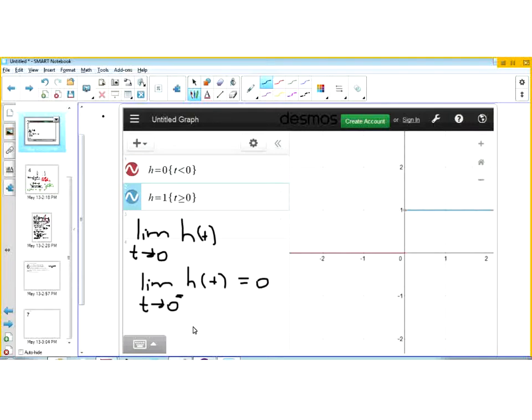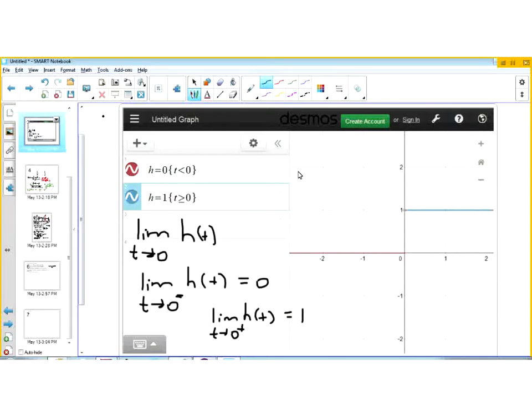All right, now we had another kind of limit, and that was the limit as t approaches 0 from numbers bigger than 0. And the way we would write that is using a superscript plus. And we discovered that that was equal to 1.